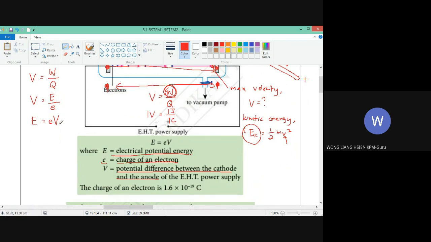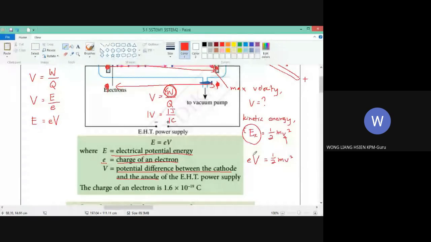So this amount of energy, the charge of the electron multiplied by the potential difference, can be equal to the kinetic energy. So we can write eV equals half mv squared.